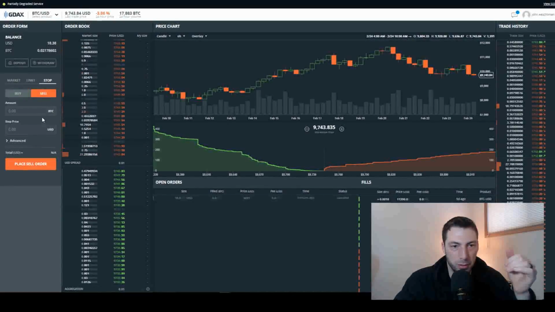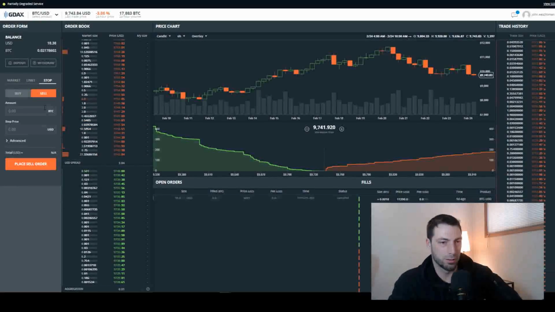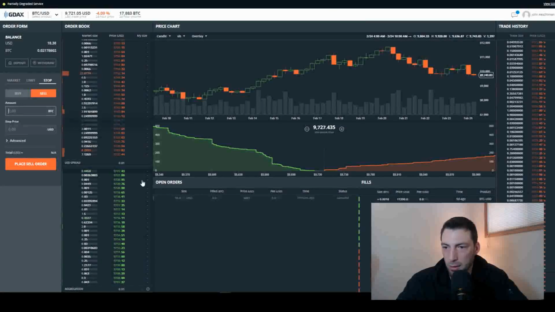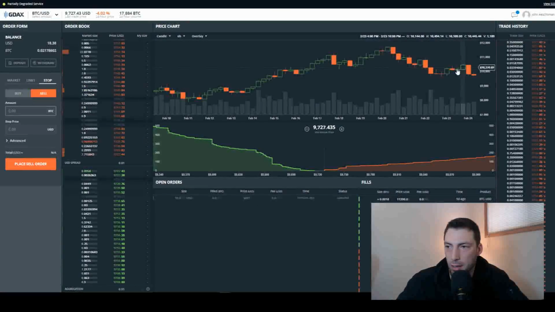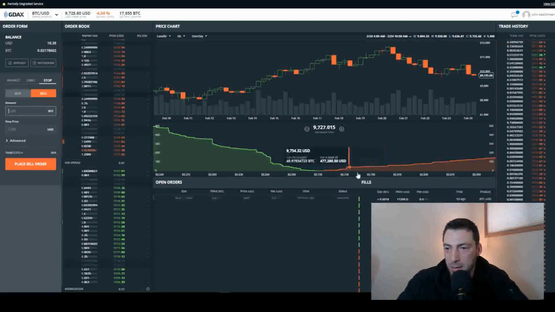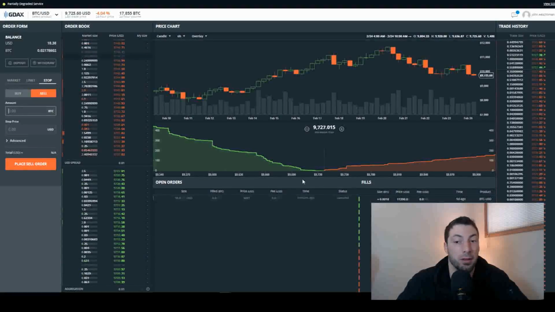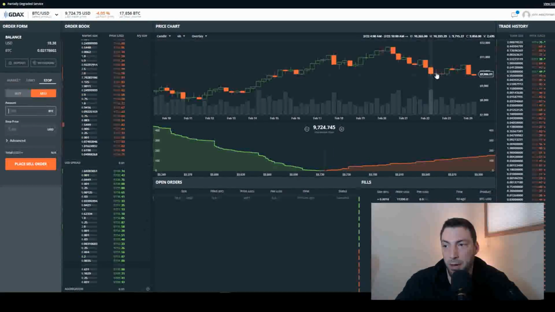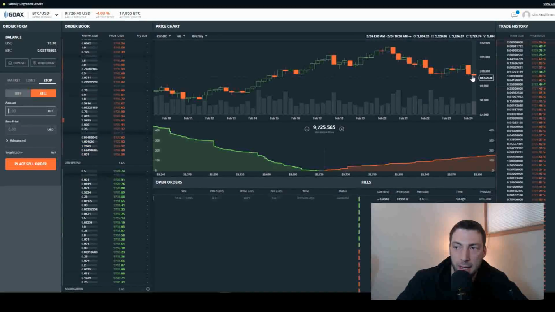Let's go over to stop sell, also called stop loss, and do a similar thing here. Let's say I'm looking at this, and I see that the limit sells out there are relatively low compared to the limit buys, and I think we're actually going to go up in price, but I want more confirmation because we're in a short-term downtrend.